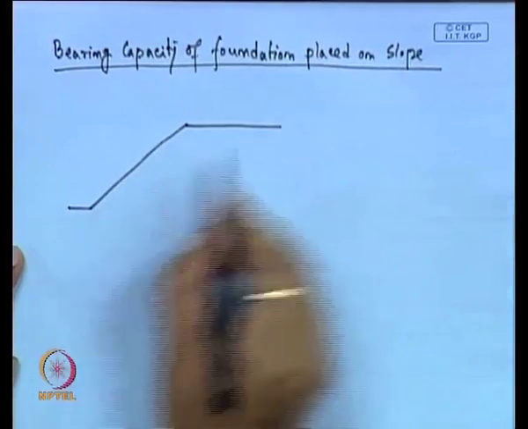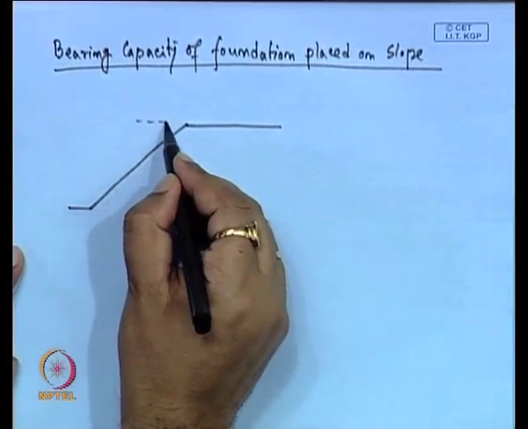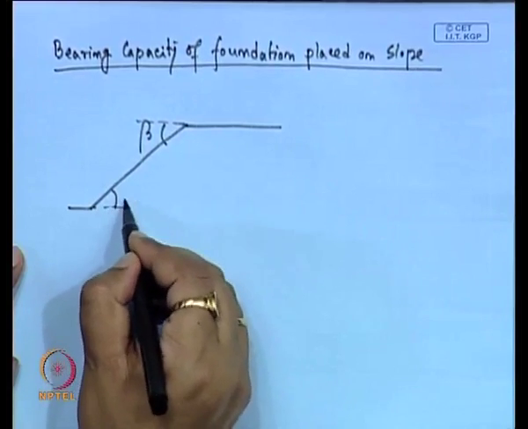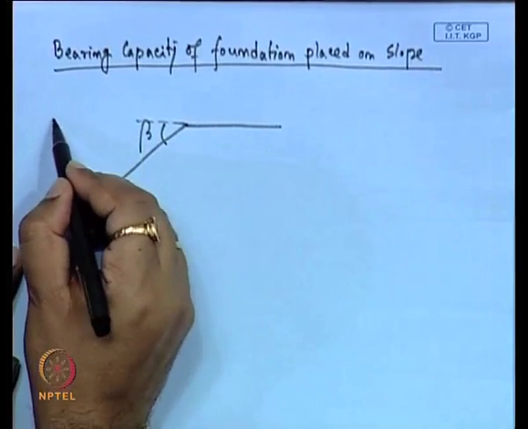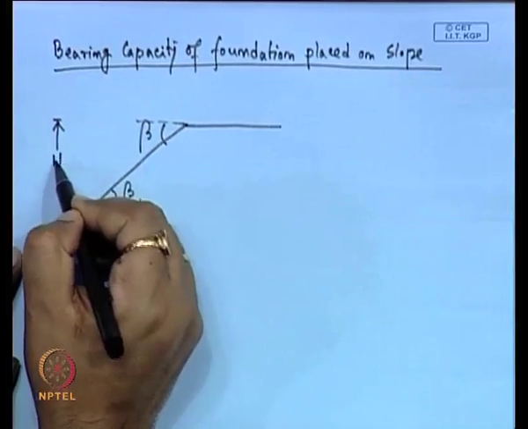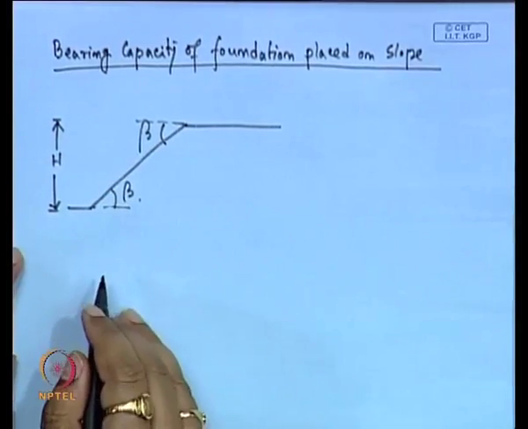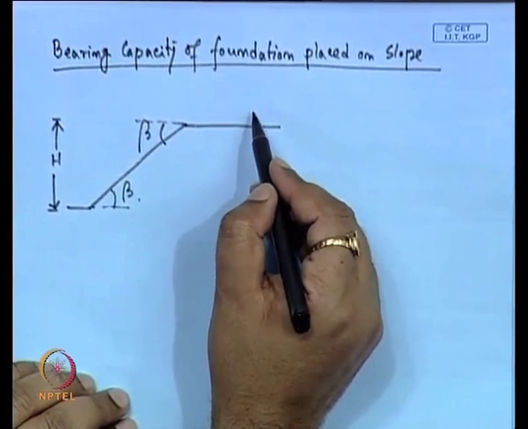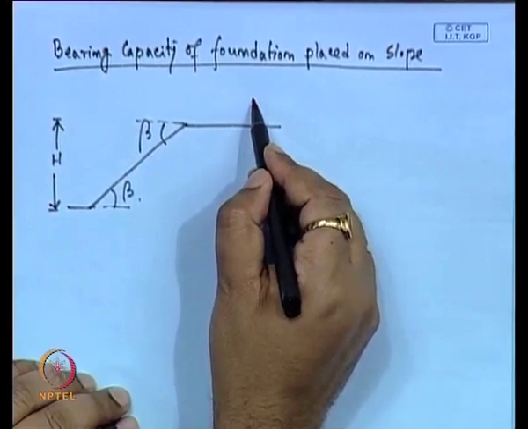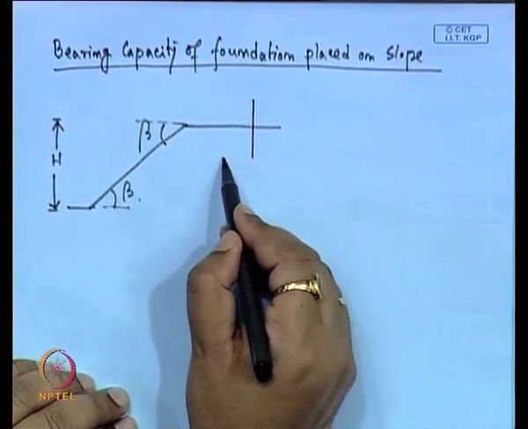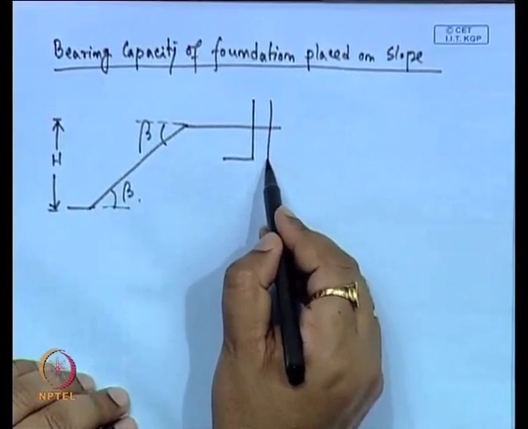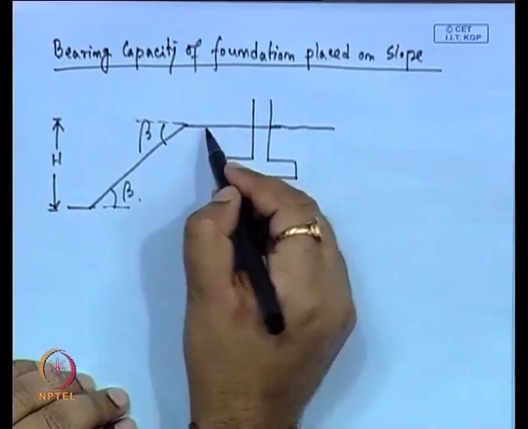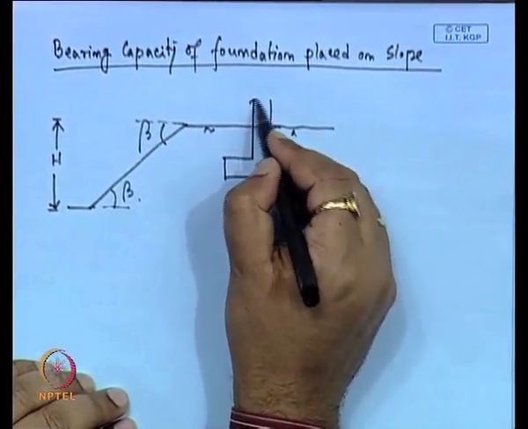Suppose this is the slope. So, beta is the slope angle and h is the slope height, and if one foundation is placed near the slope, this is the foundation which is placed near the slope.